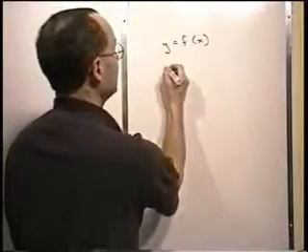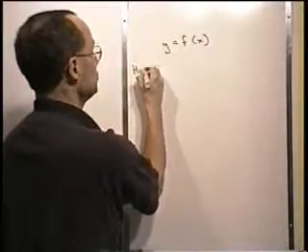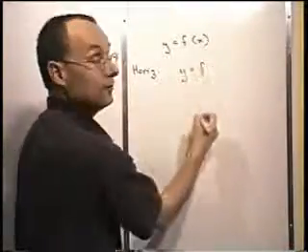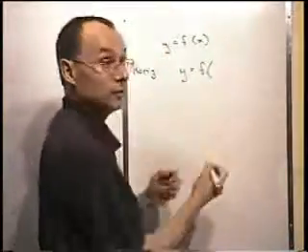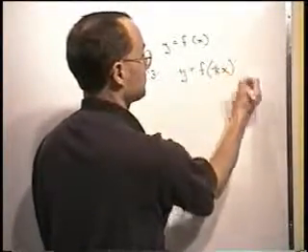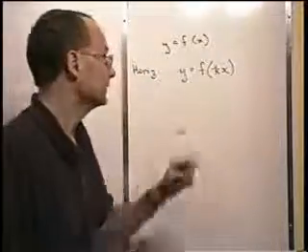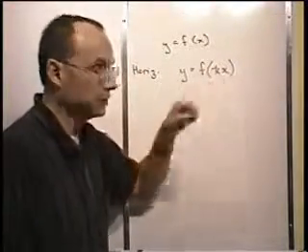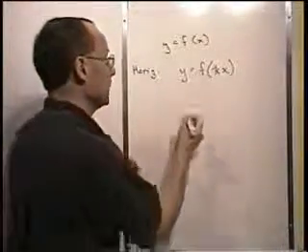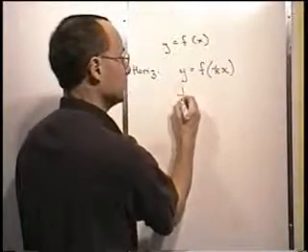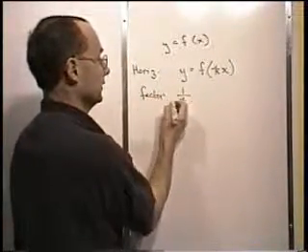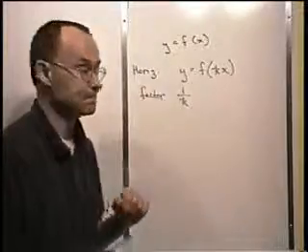The rule is, if you want to do a horizontal change, you have to put the number that's going to affect the horizontal change right in front of x. Now, the tricky part isn't so much that you put that number in with x, but that the change that will occur is going to be that number's reciprocal. So the factor of change is 1 over k.